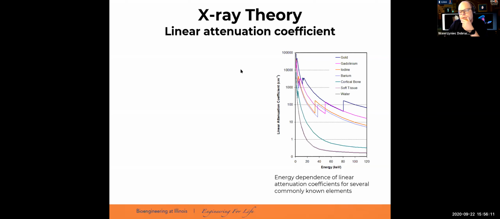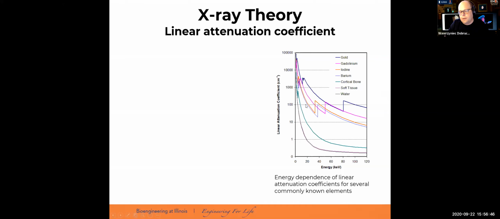So going back to this graph, we have some chemical elements with an interesting feature: at some moment as the energy increases, let's look at iodine, which is the orange color over here, when the energy reaches about 35 to 40 kiloelectron volts, there is a dramatic increase in the linear attenuation coefficient.